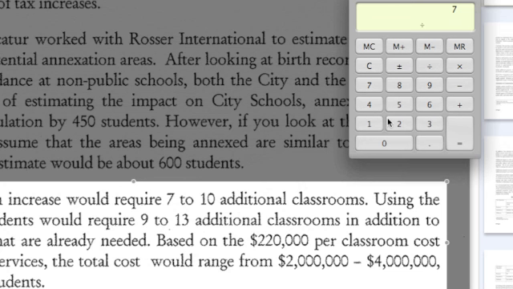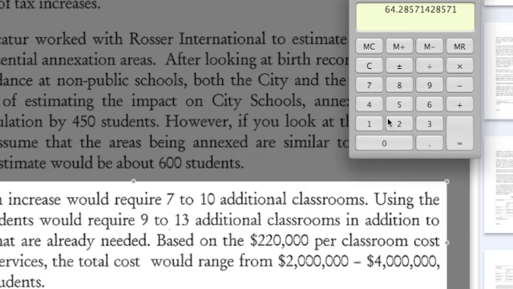And then if we're talking about 10 additional classrooms, that's 45 students per classroom. That's obviously way off too. And if we look at the estimates based on 600 students, it ends up being about the same. They're estimating about 45 to 65 students per classroom. That's not going to work.